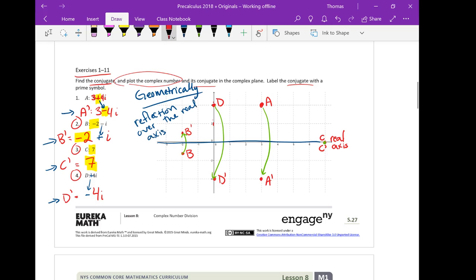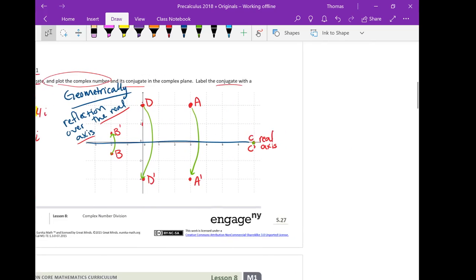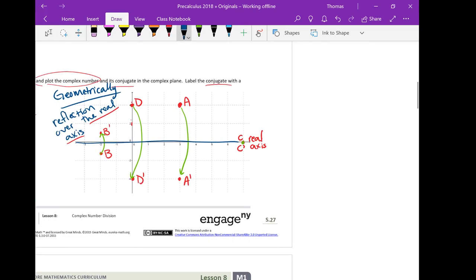And we have to specify the real axis because it could have given us a reflection over the imaginary axis. Off to the side over here, I'm going to draw an example of what it would look like if a point were reflected over the imaginary axis. It would look something like this. Maybe here's another point. If B started here and it were reflected over the imaginary axis, it would be passing over that vertical axis to its other side.